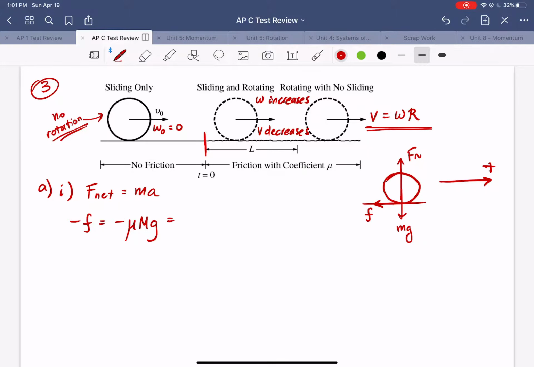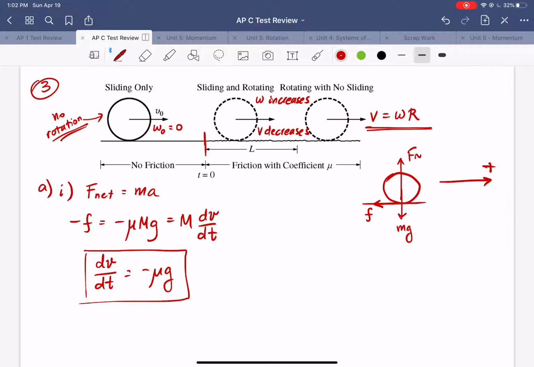And then that's going to equal mass times acceleration, but acceleration is just the derivative of velocity. So I can cancel the m's, and I get derivative of velocity equals minus mu g. So that's my first differential equation that tells me how v is going to change with time.